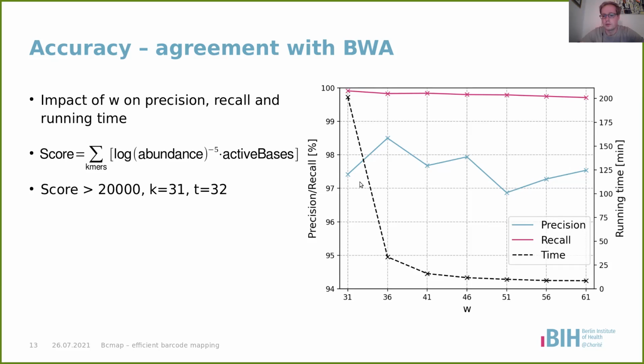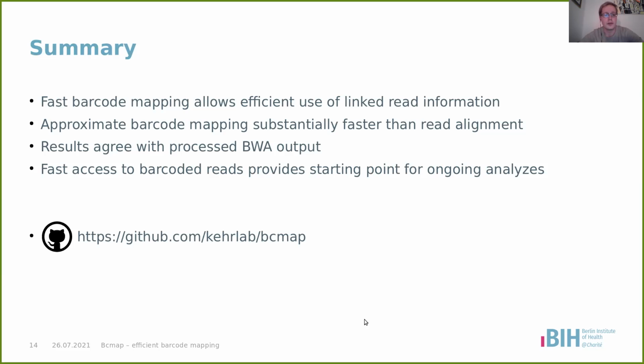And for the precision, we cannot really see a clear trend here. It is kind of fluctuating. So I think we might take from this that there is no real impact on the precision using minimizers from bigger windows.